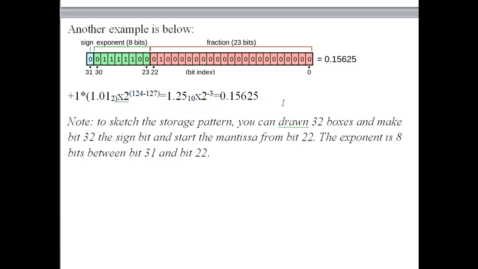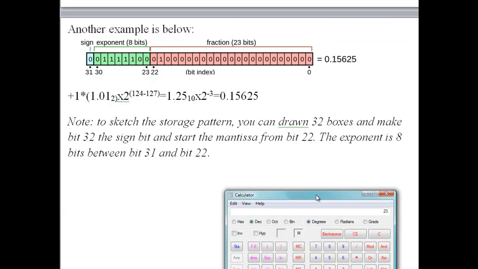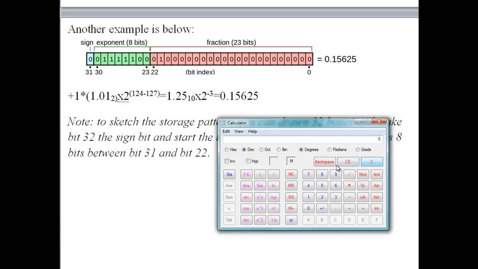And we can check this out in the calculator, which we'll do just now. So if we take that, we do it in decimal, 1.25 times 2 raised to the power of minus 3, and we ask for equals, and we get that number.